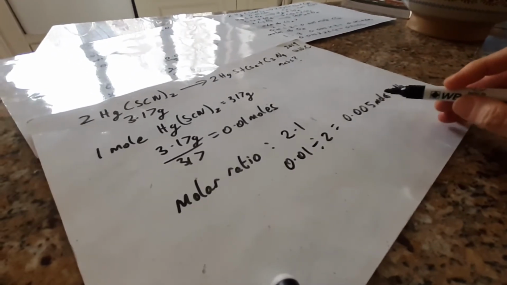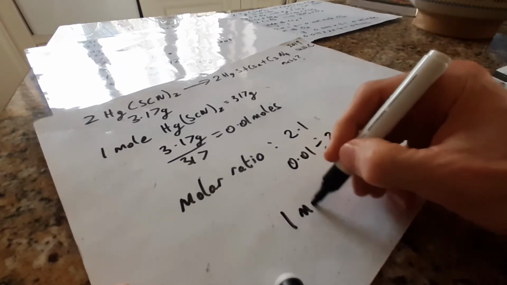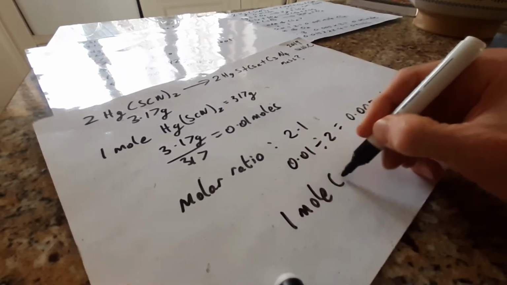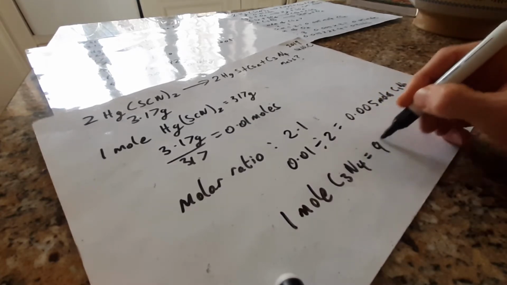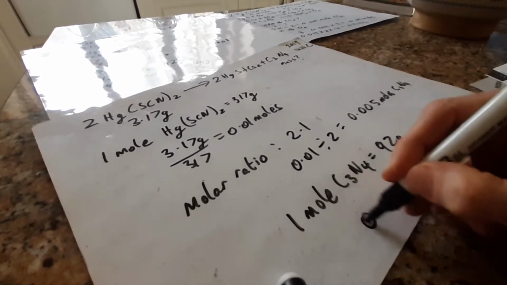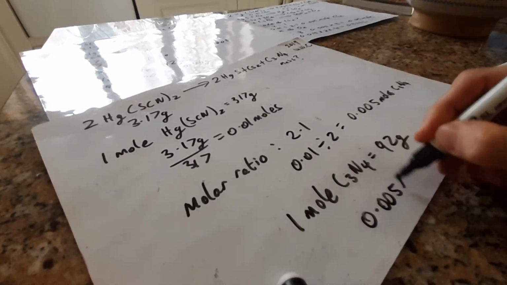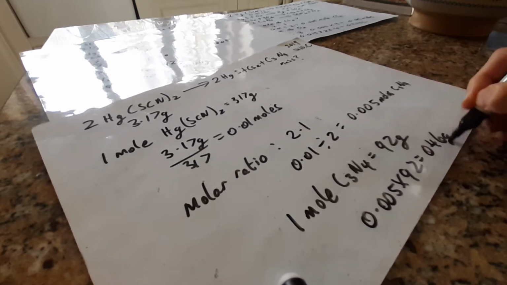I now need to turn that into mass. How do I do that? I go back to my periodic table. I work out what 1 mole of C3N4 is. And that's equal to 92 grams. So all I have to do is multiply 0.005 by 92, and I get 0.46 grams of C3N4 produced.